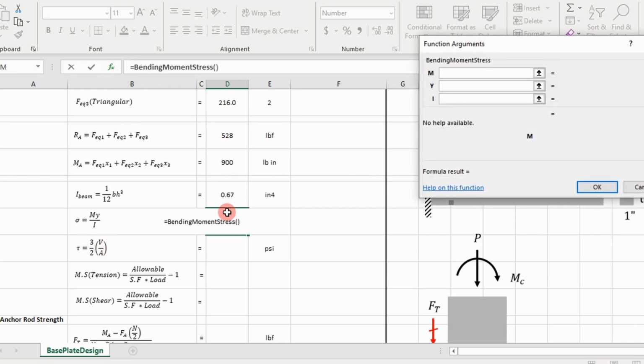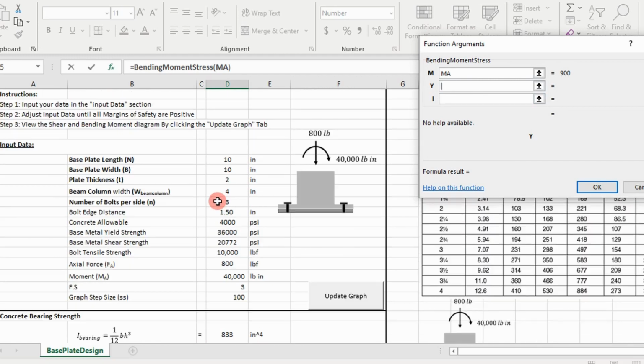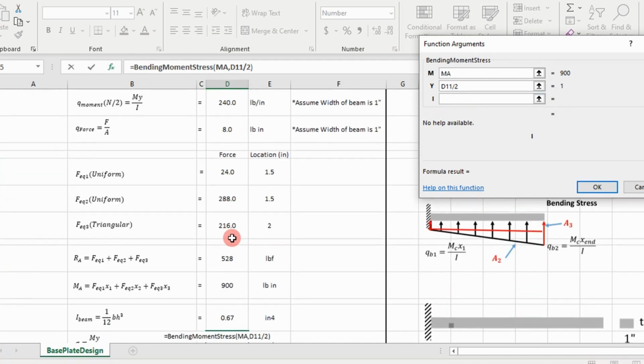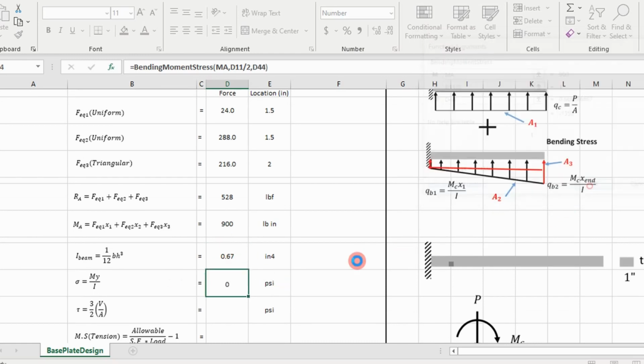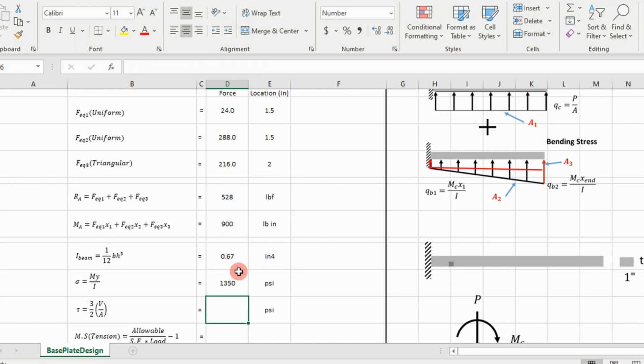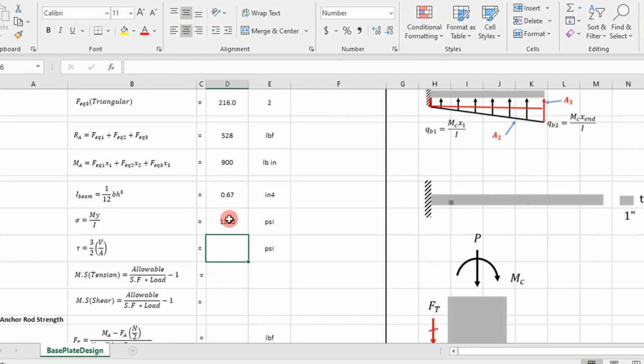And it's going to take our moment, so our reaction moment at the base, and then our y is going to be our thickness divided by 2. And then our I is going to be the bending moment of inertia of our beam that we just calculated. And I'm going to make that positive. So that's the tension stress acting on this bottom element.